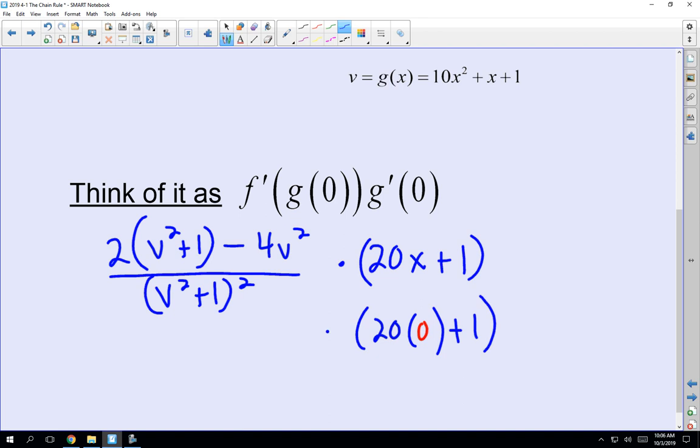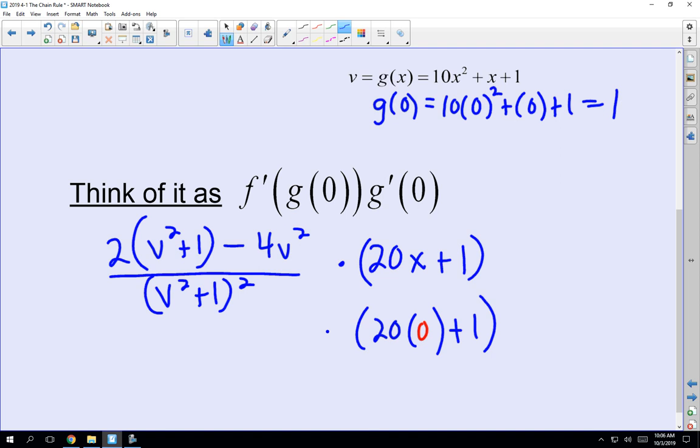I can't put 0 in for these v's though, but what could I put in for? Yes. So I go up here and I calculate g of 0, and g of 0 is 1. You see why? So g of 0 is 1.